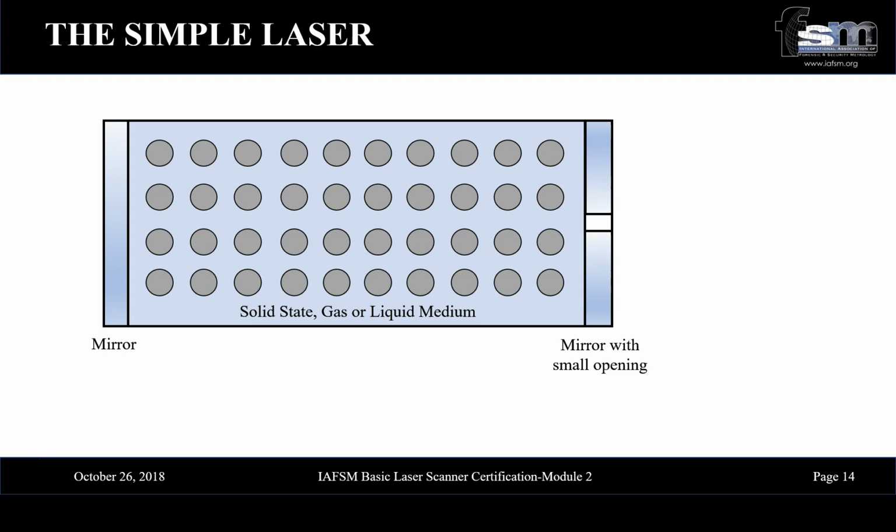So let's say that we have a cylinder here, and inside this cylinder, we're going to have a mirror on one end, a perfect mirror. And we're going to have a mirror on this other end. But on this particular mirror, we're going to leave a small opening here. Or maybe if not an opening, we're going to have a part of this mirror that is somewhat transparent. It's not fully a mirror. So there's a little escape hatch for things to escape on one side.